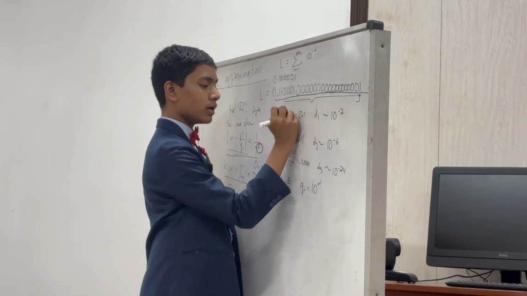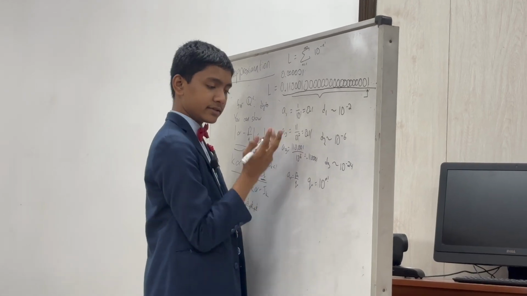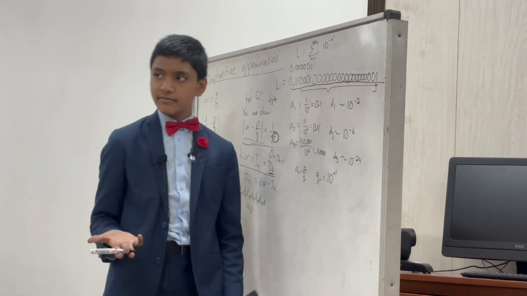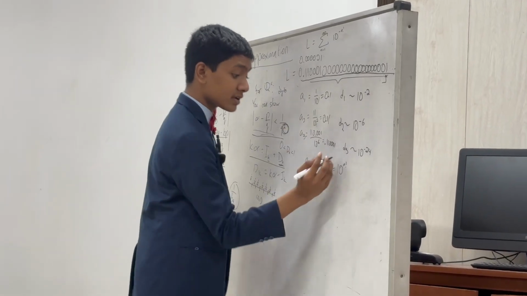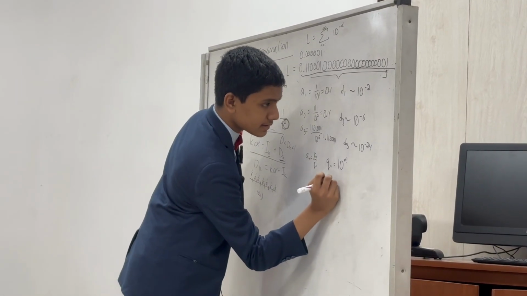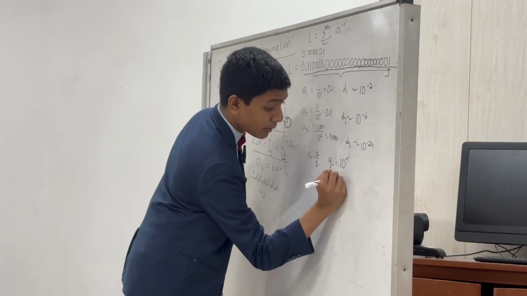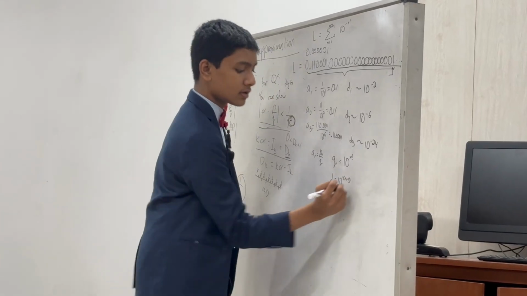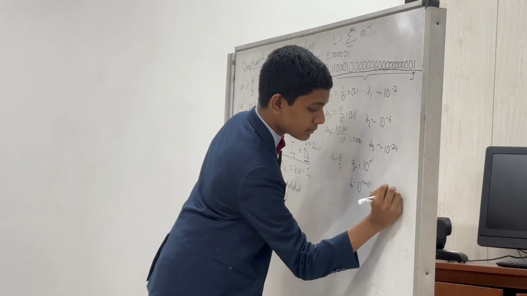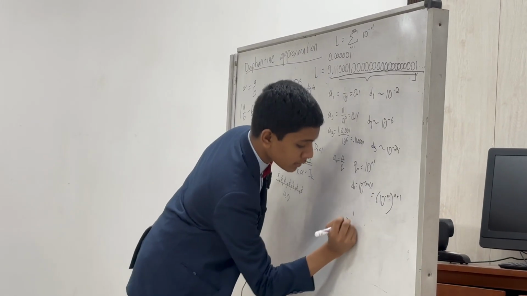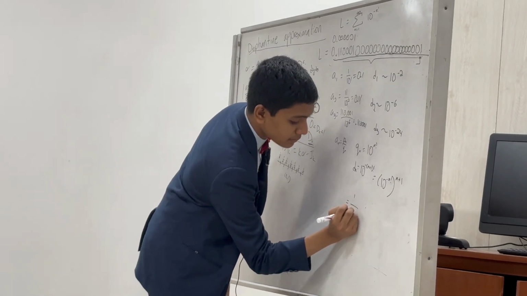See, a_1 is 10 to the 1 factorial, a_2 is 10 to the 2 factorial, a_3 is 10 to the 3 factorial, and so on and so forth. And the corresponding discrepancy is 10 to the minus (n plus 1) factorial, or 10 to the minus n factorial to the n plus 1, or 1 over Q_n to the n plus 1.